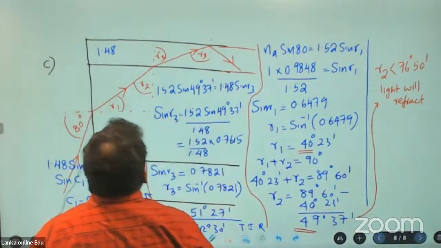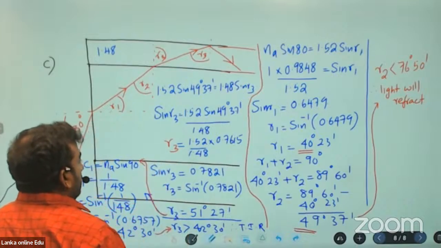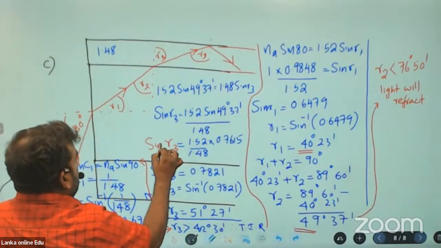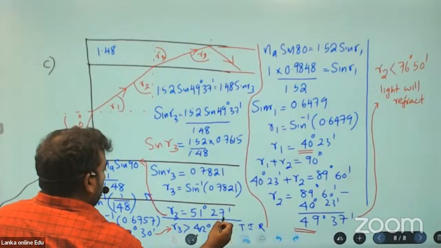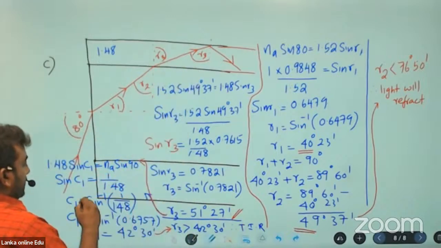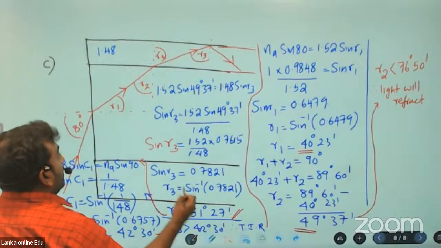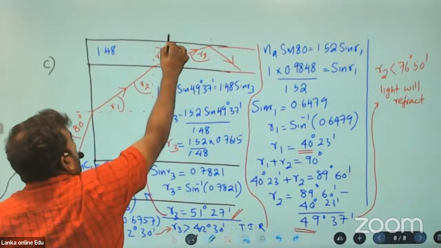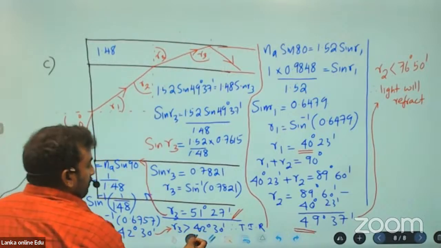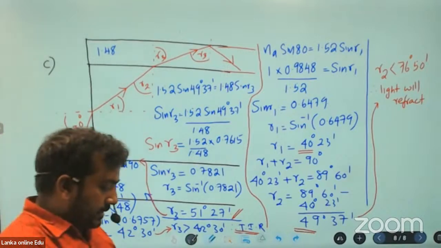Once light refracts, you can find sine R3. Once you know R3, compare it with the critical angle at the air interface. R3 is more than the critical angle, so total internal reflection will take place.